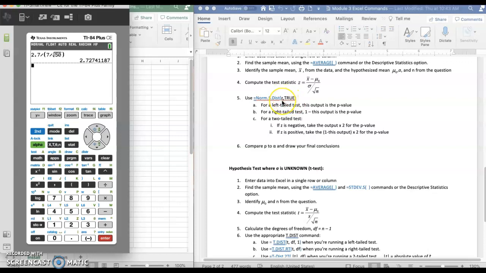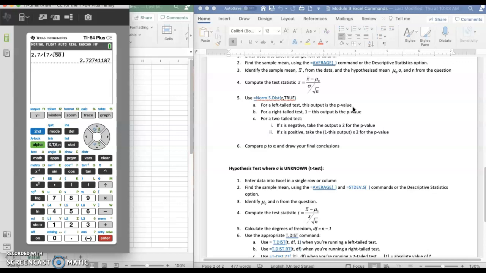It takes the z value that you just calculated and a true. But notice that what you do after that depends on whether it's a right or left tail test or a two-tailed test. So if it's a left tail test, the output that you get from doing this command is your p-value, right? Because it always calculates the value that Excel does to the left.